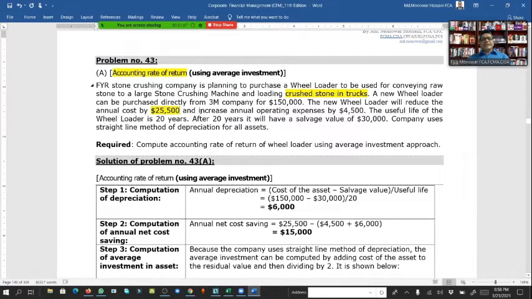An increased annual operation expense of 4,500. That means this cost increases after purchasing that. The useful life of the loader is 20 years. After 20 years, we will have a salvage value of 30,000. Company uses the straight line method of depreciation for all assets. Compute the accounting rate of return.